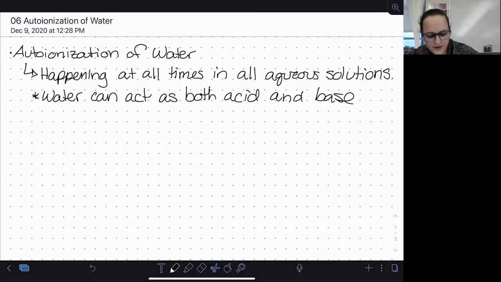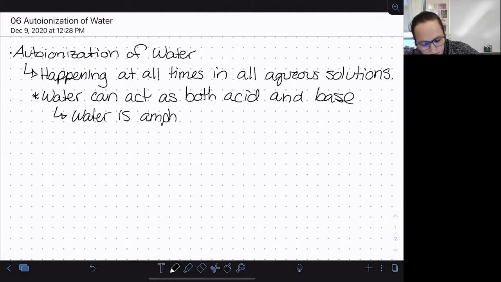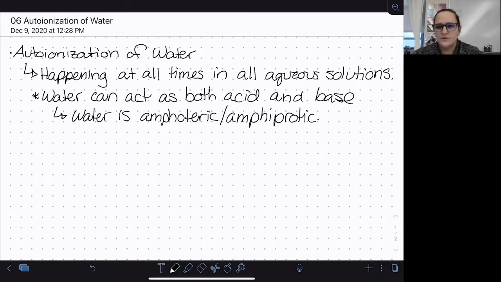This property is referred to as being amphoteric or amphiprotic. For our purposes, those words mean the same thing.